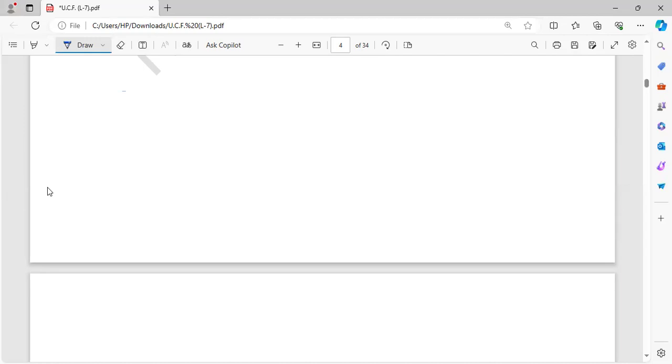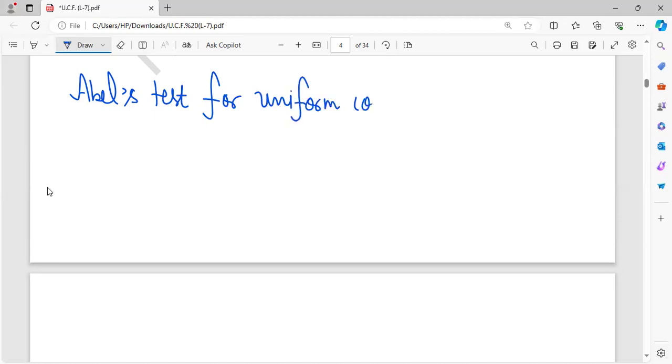So Abel's test for uniform convergence of series of functions.